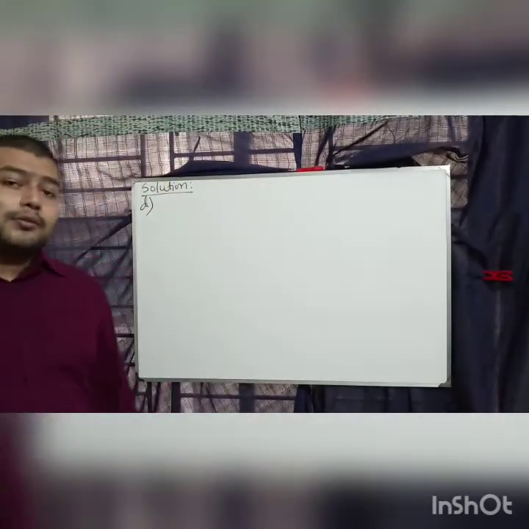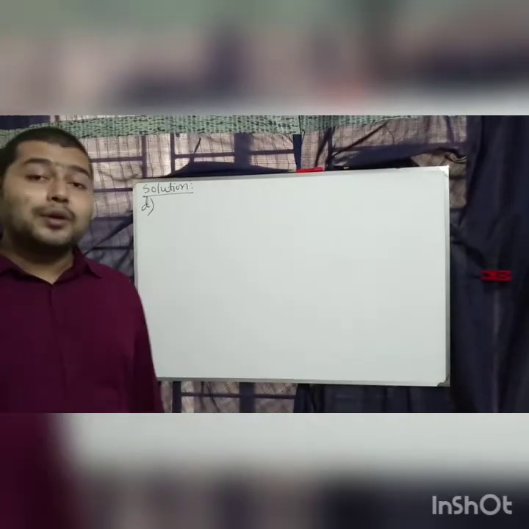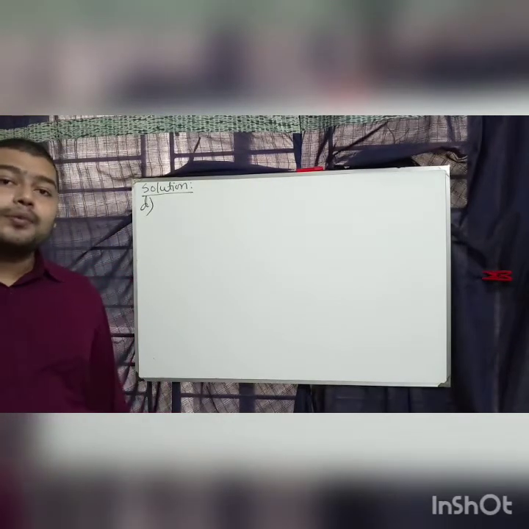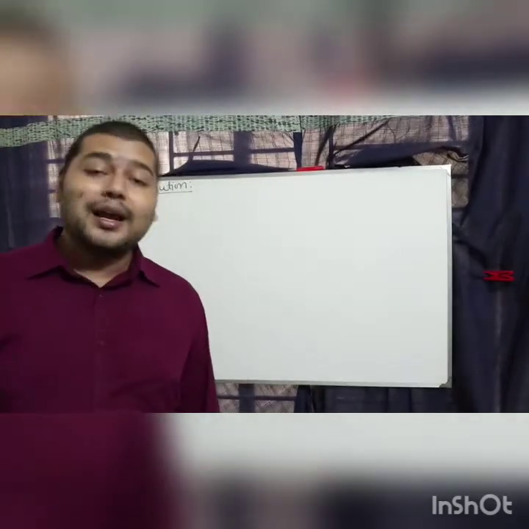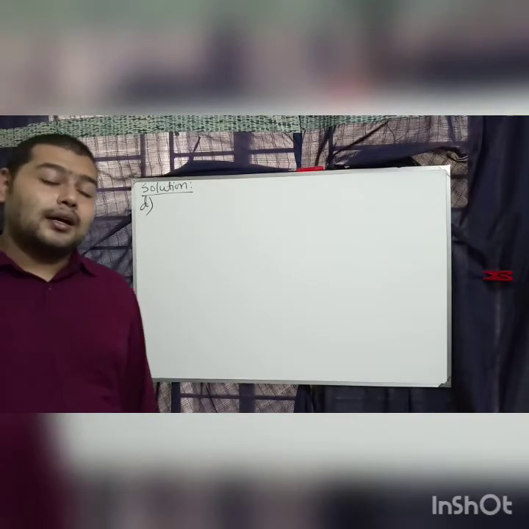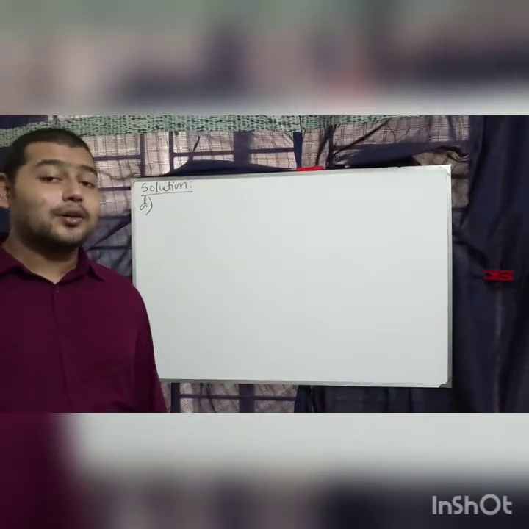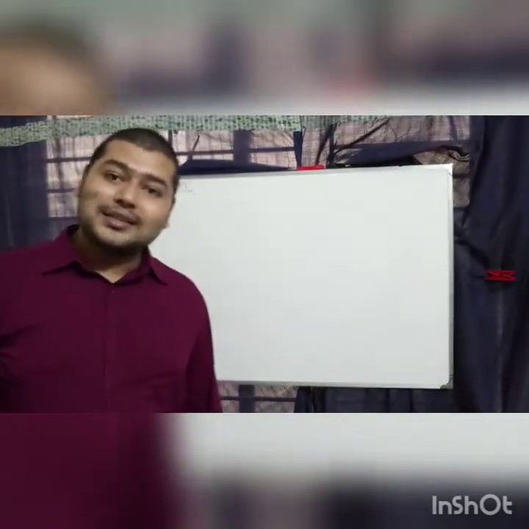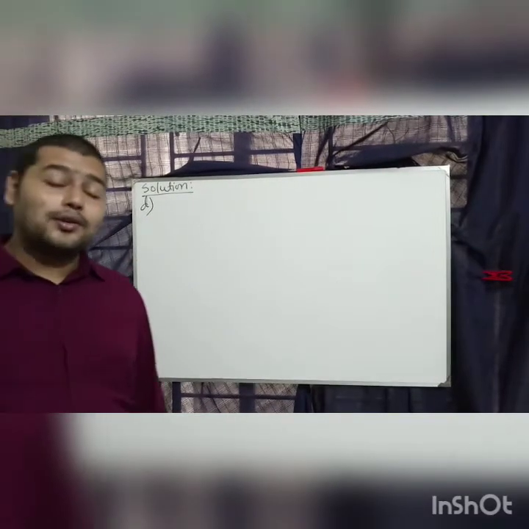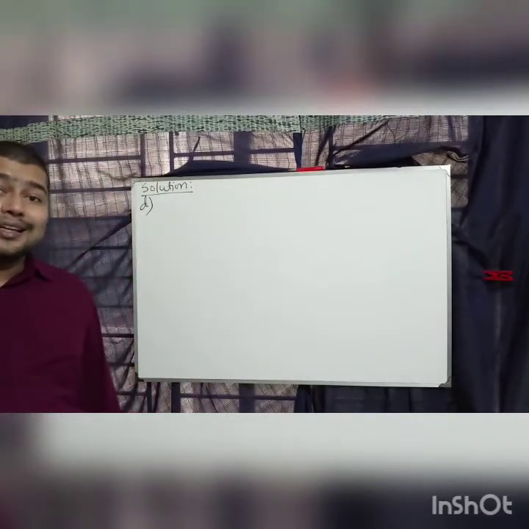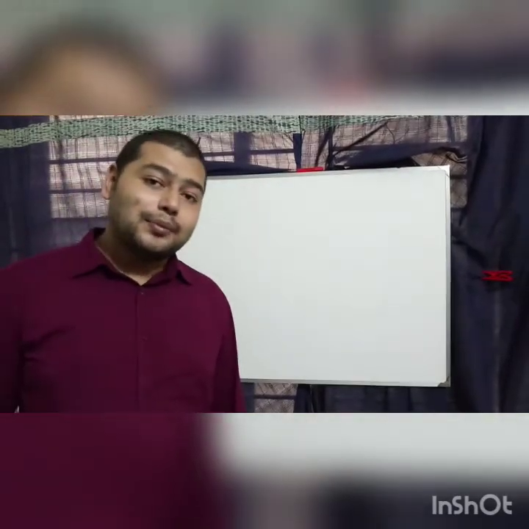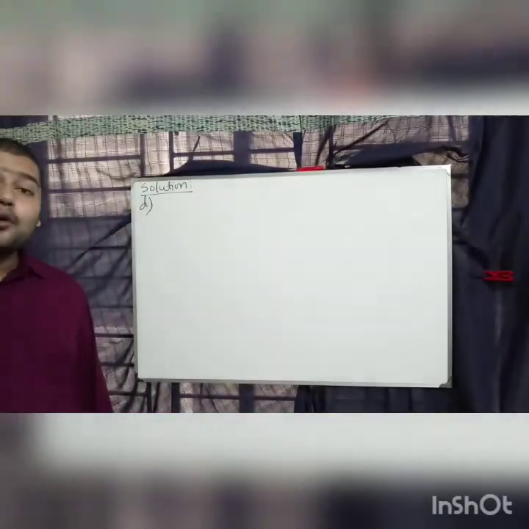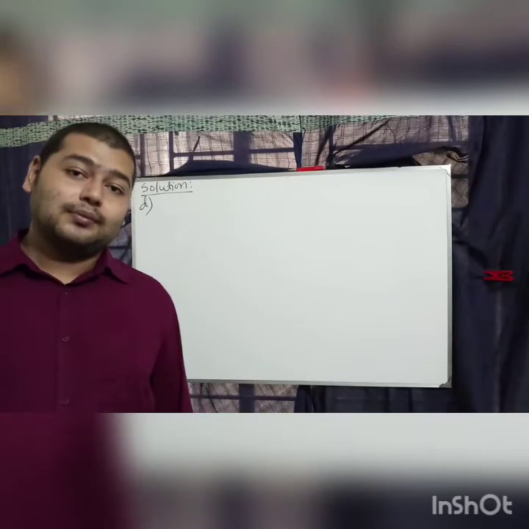To solve question number D with logic, we need to calculate the radius of the copper sphere and the radius of the metal ring. If the radius of the copper sphere is less than the radius of the copper ring, then the copper sphere will go through the ring.